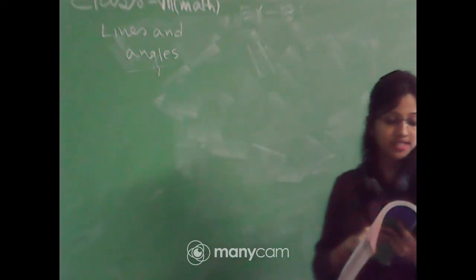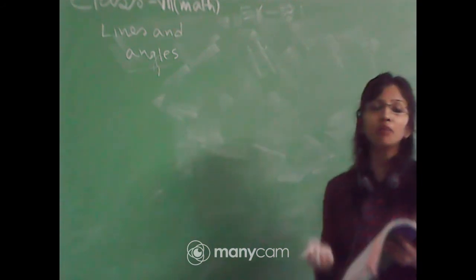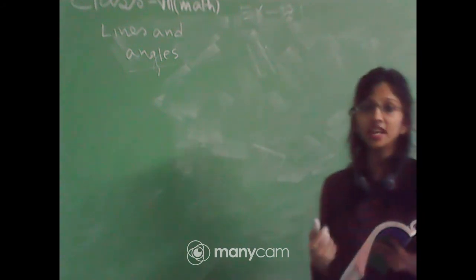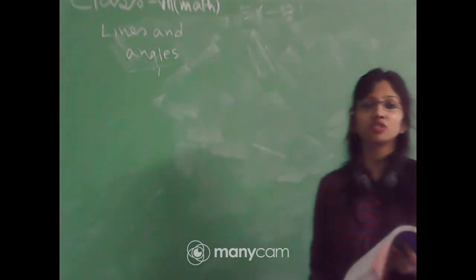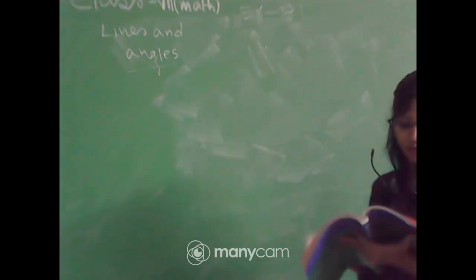Identify which of the following pairs of angles are complementary and which are supplementary. Question number 3. We all know that the sum of the measures of two complementary angles is 90 degree and the sum of the measures of two supplementary angles is 180 degree. Therefore, we check the sum.